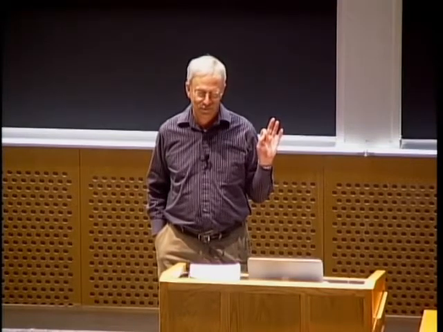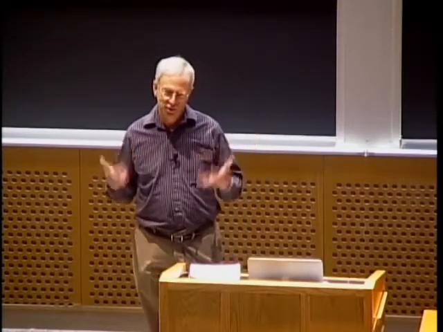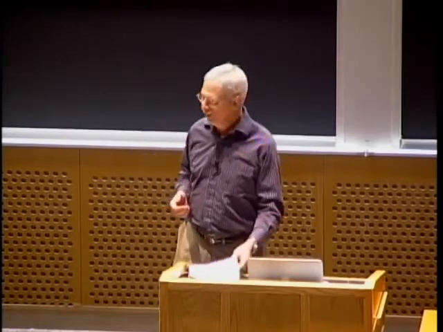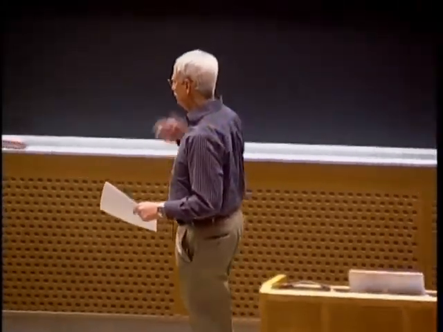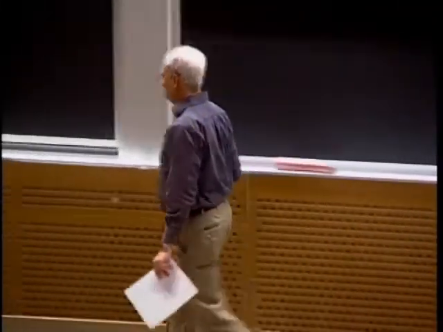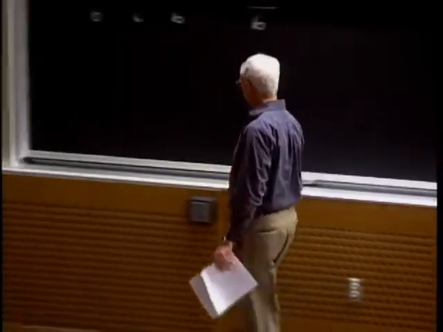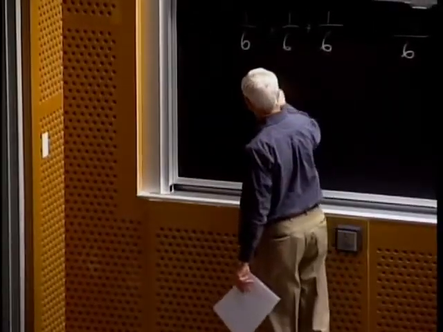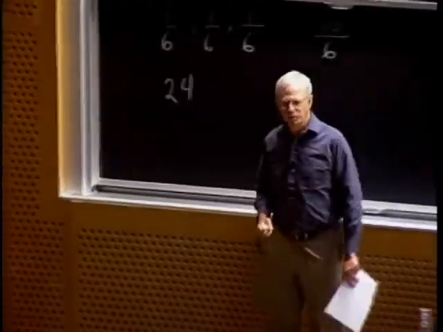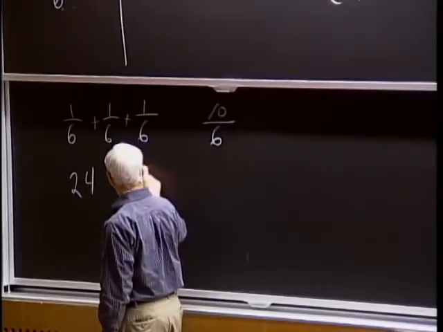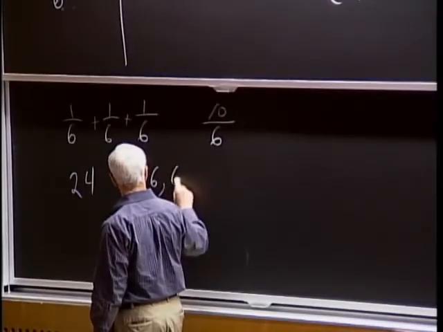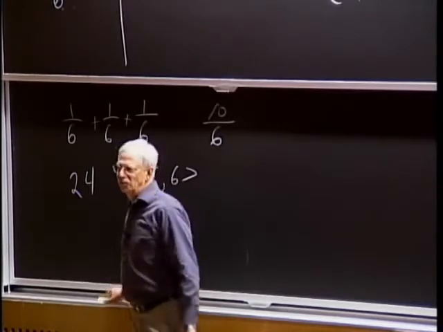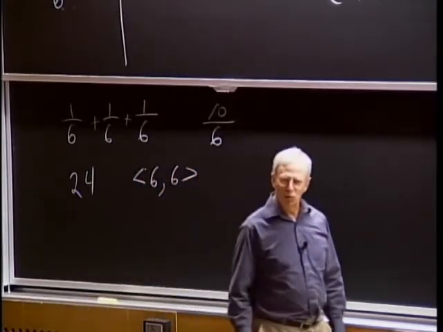He actually had a friend who was in the business of gambling, making these bets. So you've got a pair of dice, you roll it 24 times, and ask the question, what is the probability of getting what we call today boxcars? In those days, they just called it 2 6s.